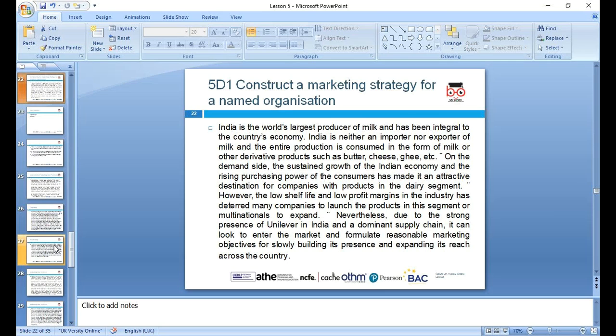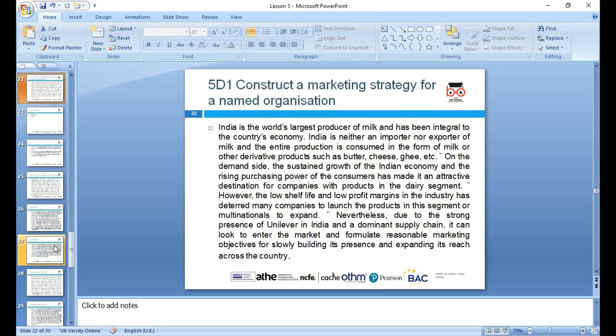So like this one in India, the world's largest producer of milk, which has been integral to the country's economy, but they don't export or import. They just use it because of the huge population and the demand within the country. So dairy products can be segmented, with low shelf life and a low profit margin industry, which of course is quite difficult. You need a strong presence, like Unilever in India.